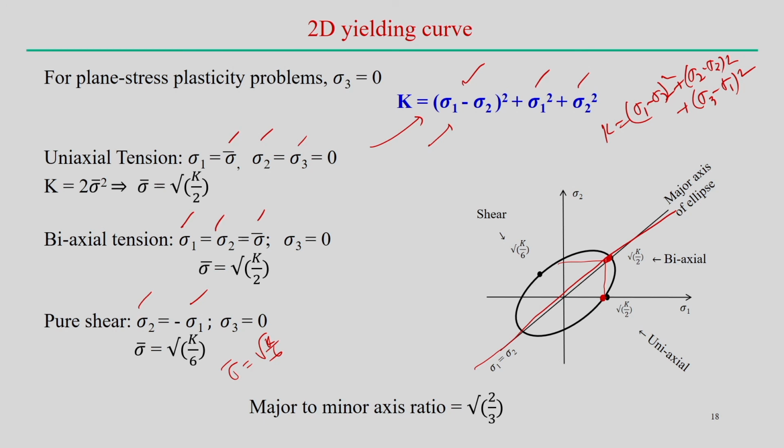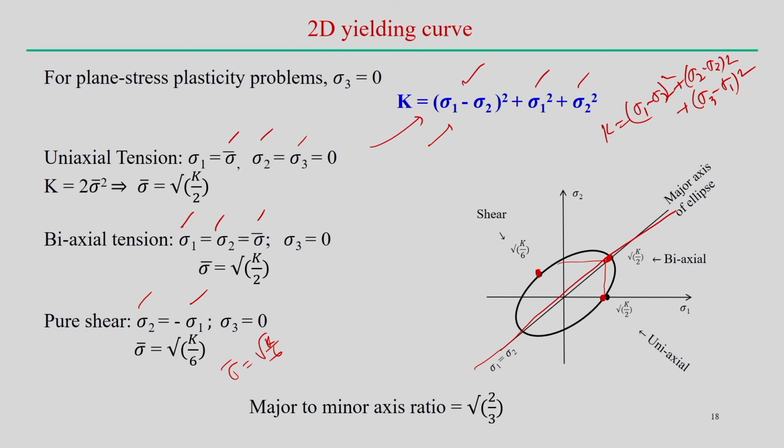For pure shear, sigma 1 equals minus sigma 2, or sigma 2 equals minus sigma 1, so it lies at this particular point, with root over k by 6. In these different cases, the major to minor axis ratio is root over 2 by 3.